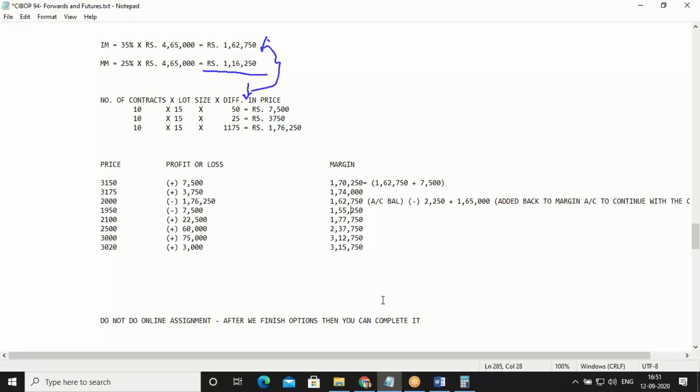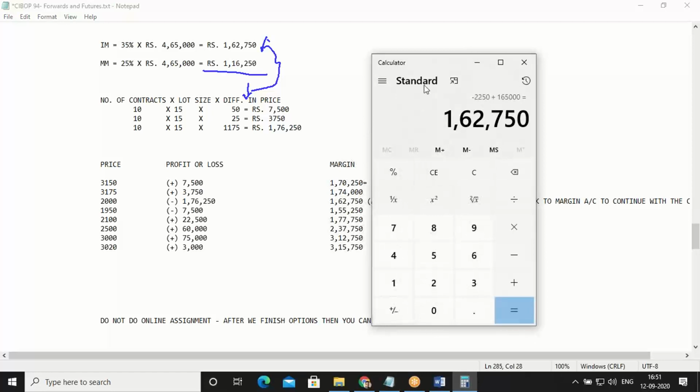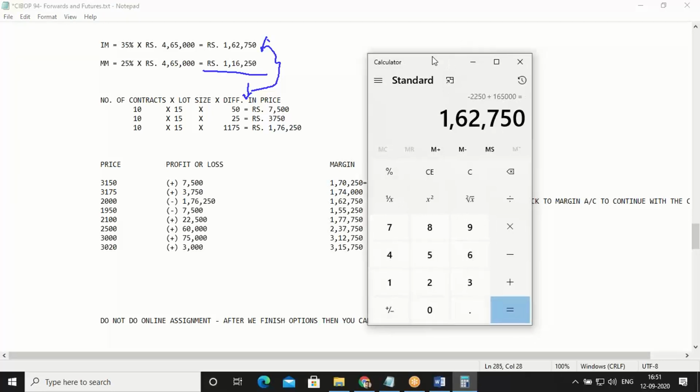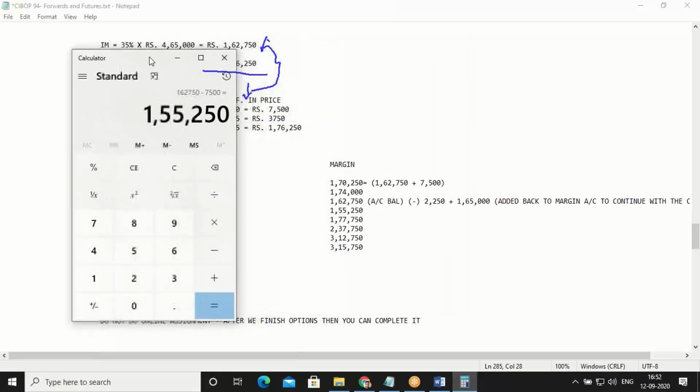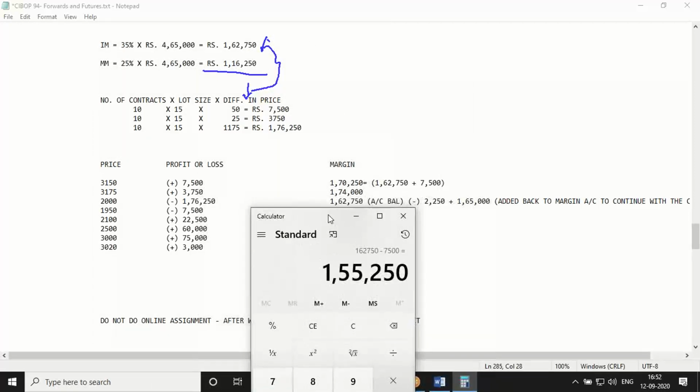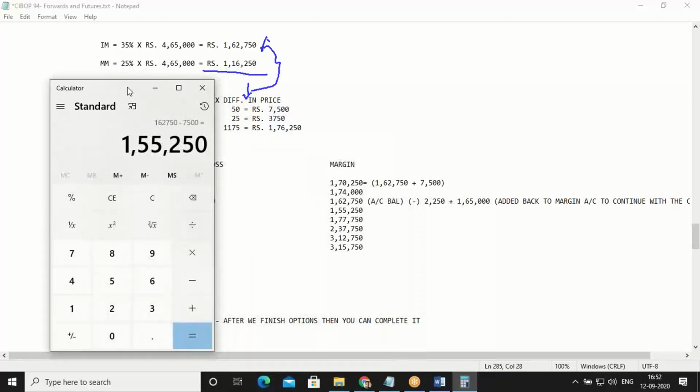1,55,250. So how do you arrive at that? That one, just the next step. Okay, so 1,62,750 minus 7,500. 1,65,000, right? From that you're subtracting 7,500? No, no. See, because your account balance went into negative, you have to give 1,65,000, right?